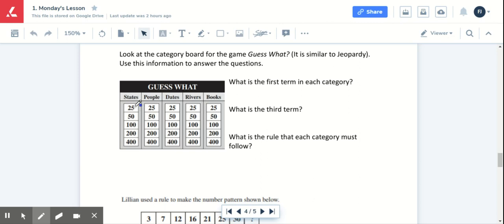The first term in each category, and our categories are states, people, dates, rivers, and books, we see that it is 25 in each category. What is the third term? 100.